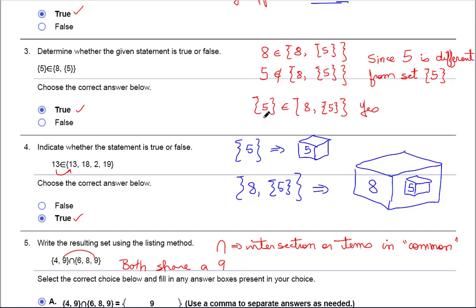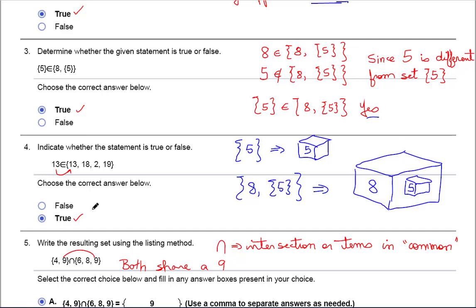So when they ask, is the box containing 5 in this bigger box, that answer is yes, because the whole box is inside of that bigger box. So yes, it's a small, difficult point here. 5 itself is not in this box, but the box containing 5 is in the bigger box.